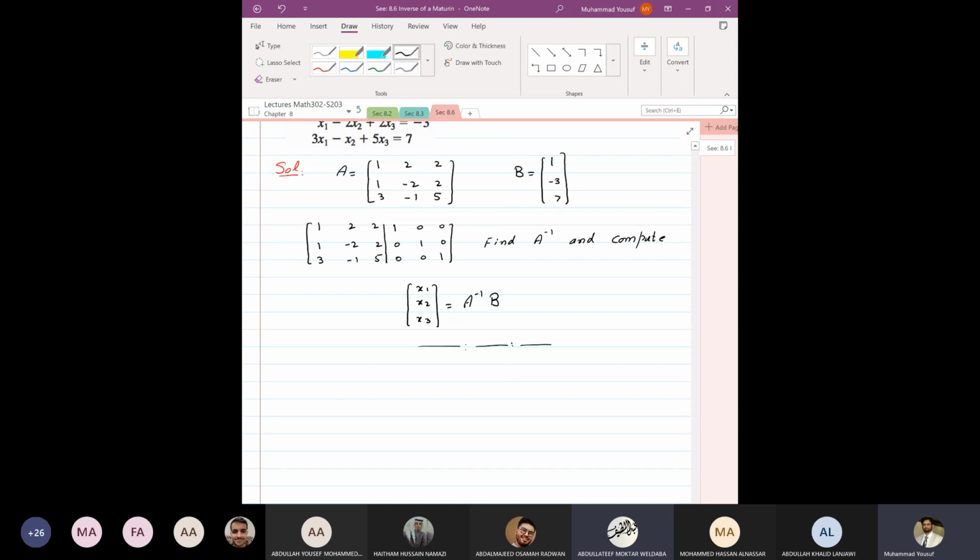If determinant is equal to 0, it is singular, so there is a non-trivial solution. Determinant not equal to 0, it is non-singular, so there is only a trivial solution. That is all you need to verify.